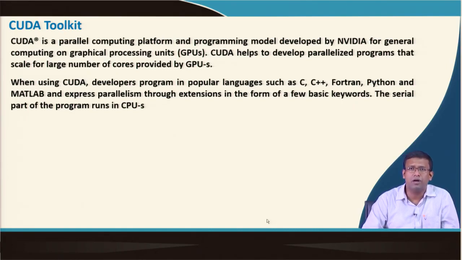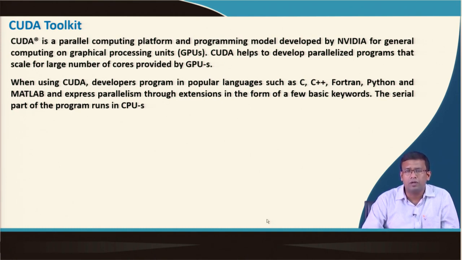Typically, if we think of an OpenMP program running over a large number of threads, there will be a substantial amount of overhead due to contention, due to memory issues, due to scheduling, due to load balancing, etc. As we increase the number of processors, there will be more overhead. Therefore, if we think of a CUDA program running over a large number of processors, there can be huge overhead.